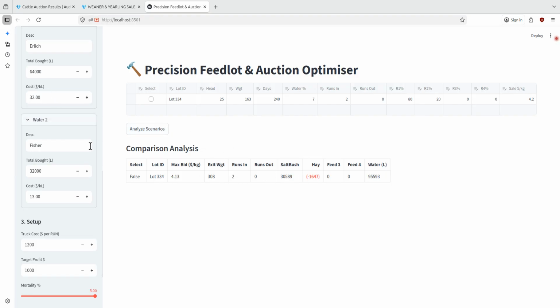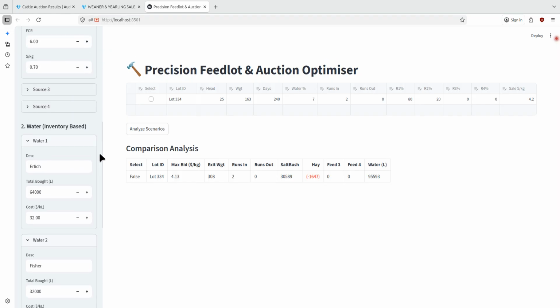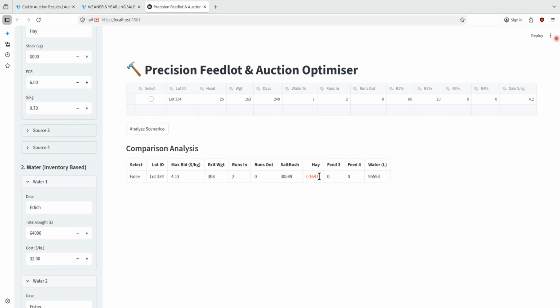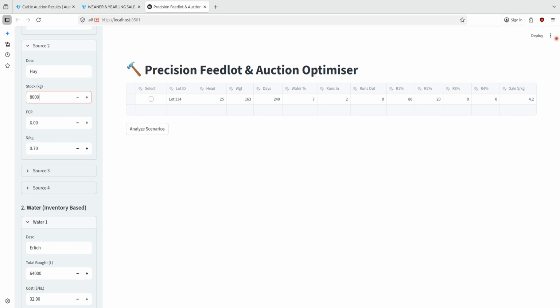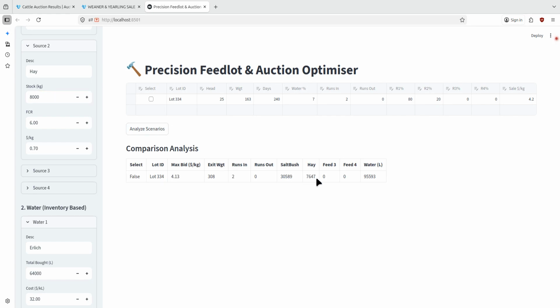The hay, now I need to go get another hay roll, so I need to buy some more kilos of hay. So I need to add 60, so let's say 2,000, so 8,000 there for that. And now I'm good. I'm in the black with all my numbers. That gives me $4.13.